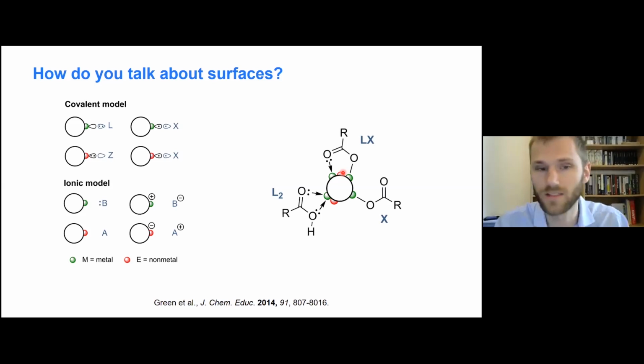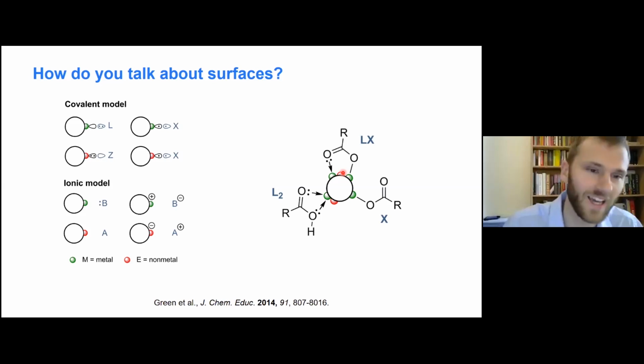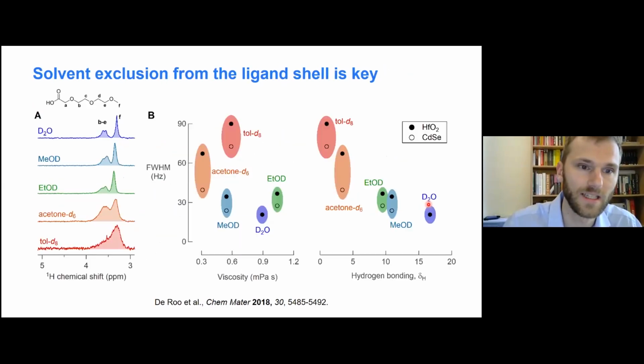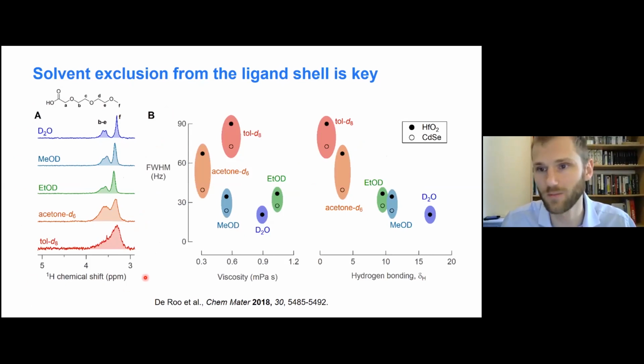Oh yeah, actually I didn't tell you the full story here, but this is not a normal proton NMR spectrum. This is a diffusion filtered spectrum where we only selectively look at the bound ligands, because this ligand here has a solvent-dependent desorption.